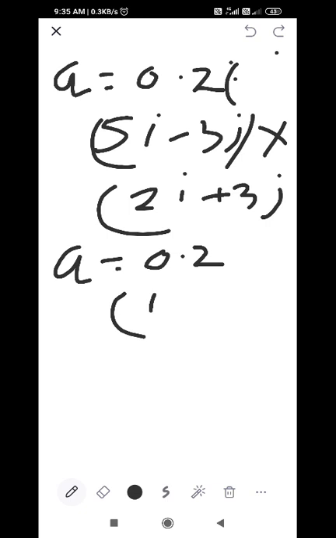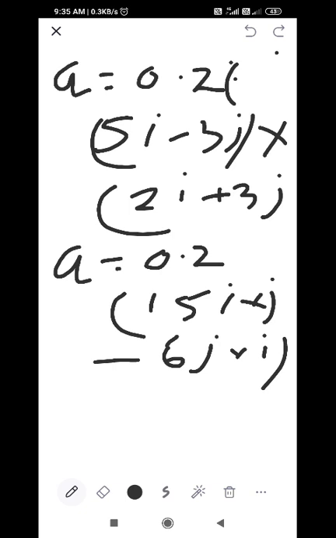Then we use 5 I into 3 J, that is 15 I cross J. Then we multiply minus 3 J with 2 I, we will get minus 6 J cross I. Then the next term will be J cross J, so it will be 0.